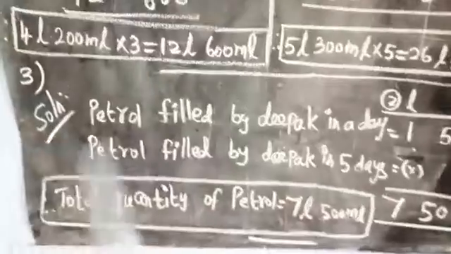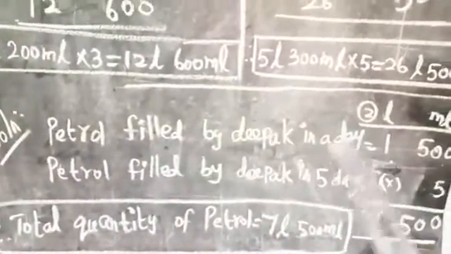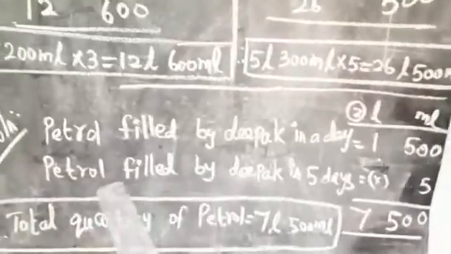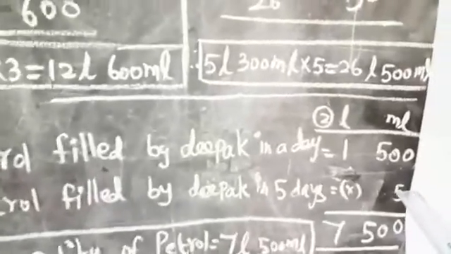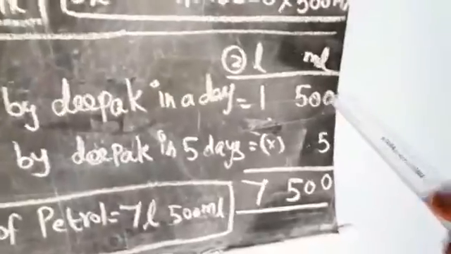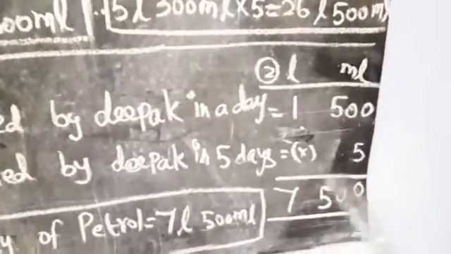Okay. Solution. Petrol filled by Deepak in a day is 1 liter 500 milliliter. Petrol filled by Deepak in 5 days, we can multiply by the 5. Yes, 0 5s are 0, 0 5s are 0, 5 5s are 25.